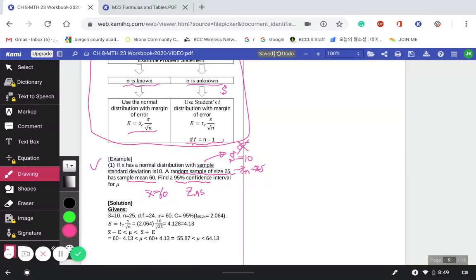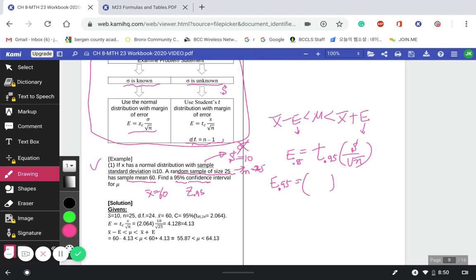So again, we're going to find mu by having x bar plus E and x bar minus E. But the way you find E is a little different, because sigma is unknown. So E becomes, according to the formula, t of 0.95 multiplied by s over the square root of n. So E of 95 in this case is t of 95 times s, where s was 10, and n was 25.